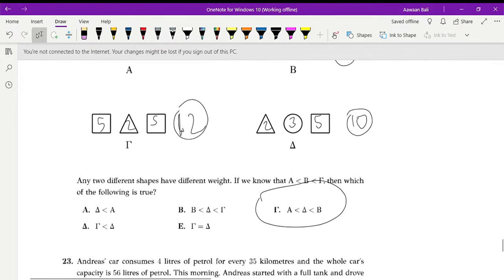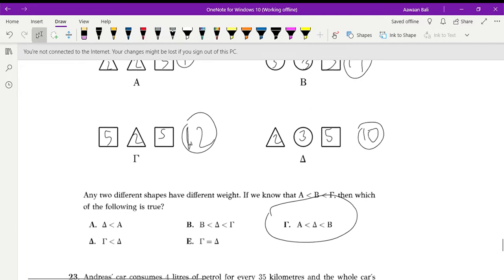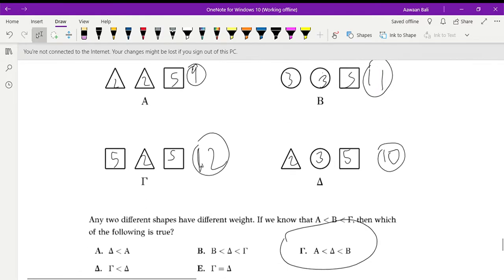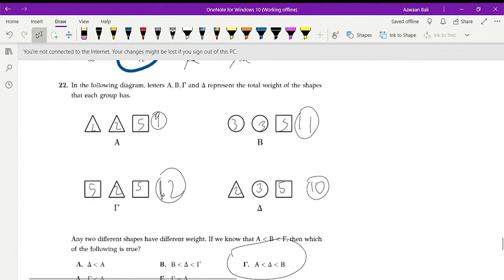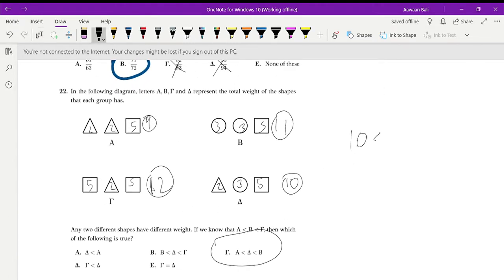Now gamma, it's alpha is smaller than delta, smaller than beta. Wait, let me just write them all down according to what they're saying. So for alpha, 10 is smaller than 9, that's wrong. For beta, that's wrong again.